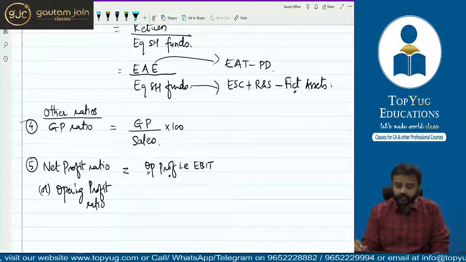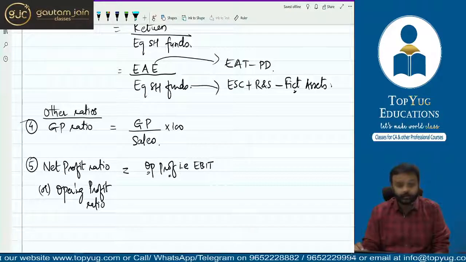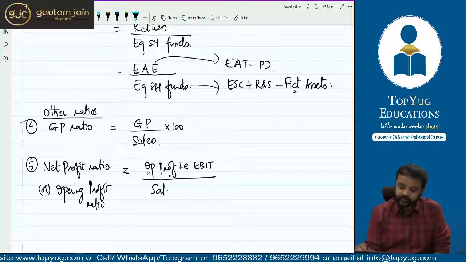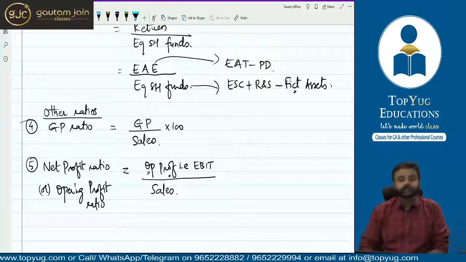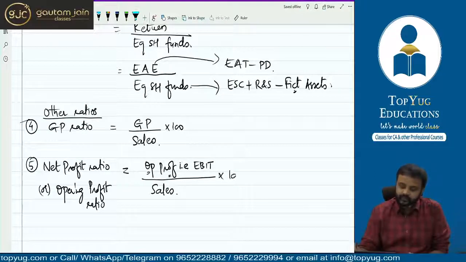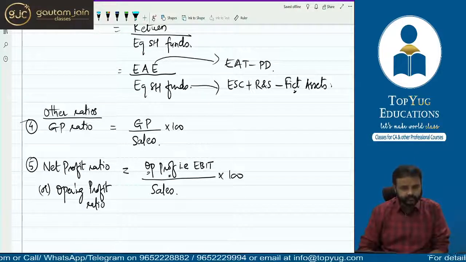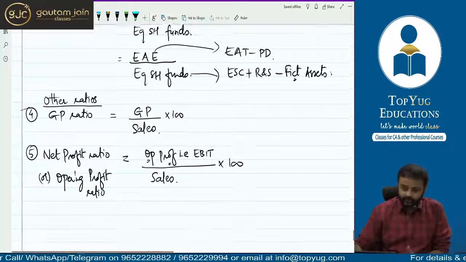So net profit ratio means operating profit, that is EBIT, divided by what? Sales, of course. Sales in 200, denoted in percentage. Higher the ratio, better it is. Correct? Okay. Acha.